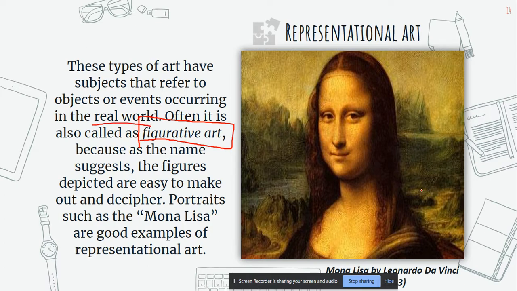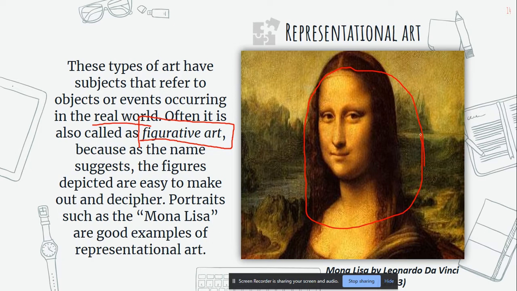Mona Lisa is a woman, and women actually exist in the real world. So this painting is an example of representational art because it portrays something that is real and is occurring in the real world.